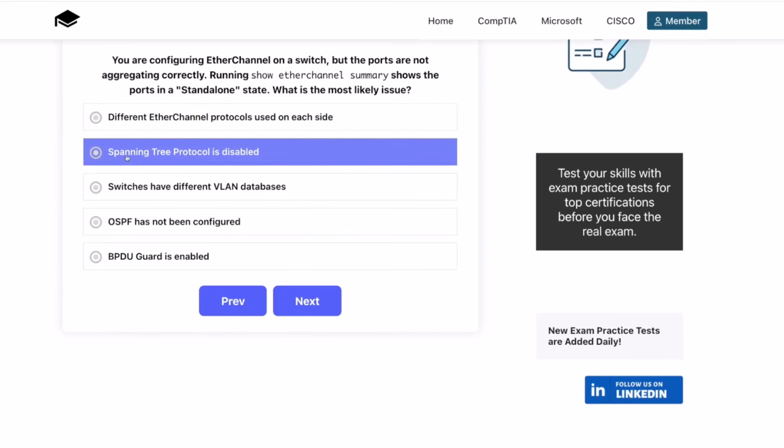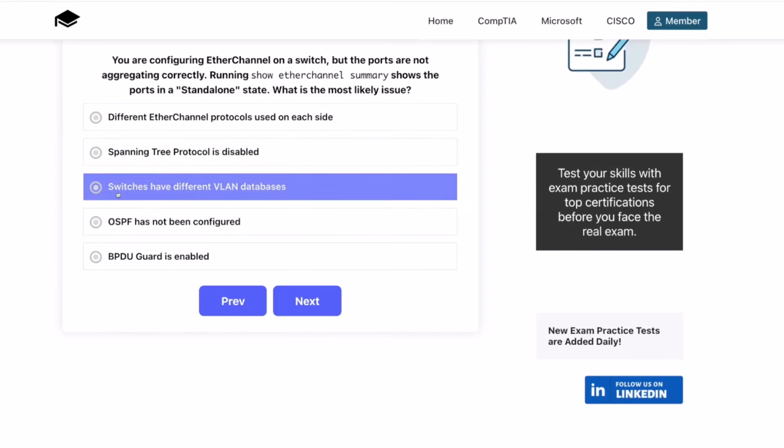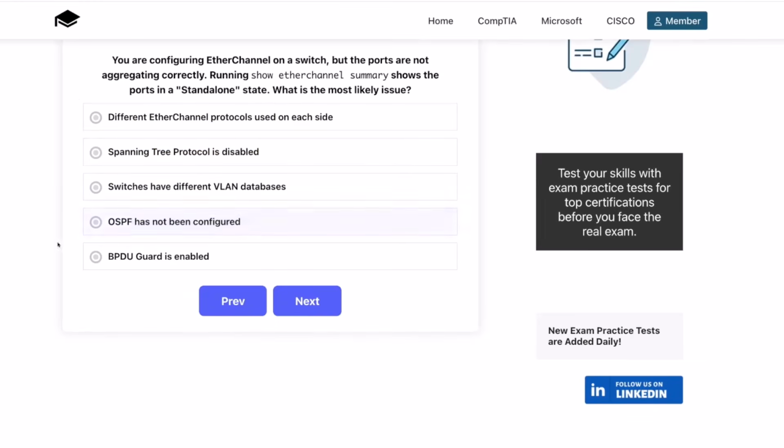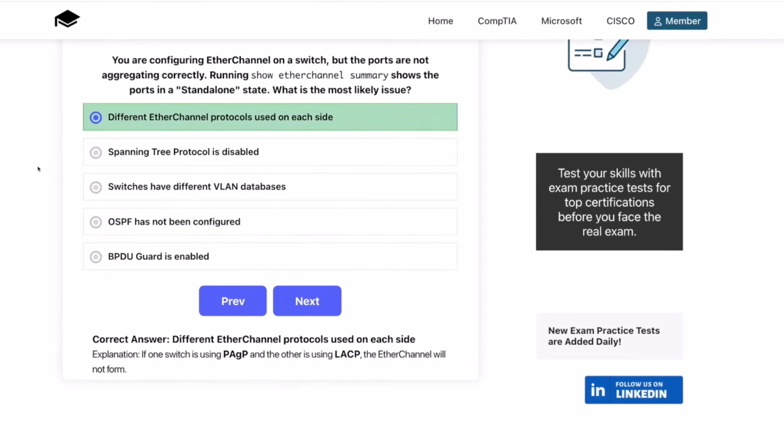Spanning tree protocol is disabled? Switches have different VLAN databases? OSPF has not been configured? Or BPDU guard is enabled? The correct answer is different EtherChannel protocols used on each side. If one switch is using PAgP and the other is using LACP, the EtherChannel will not form.